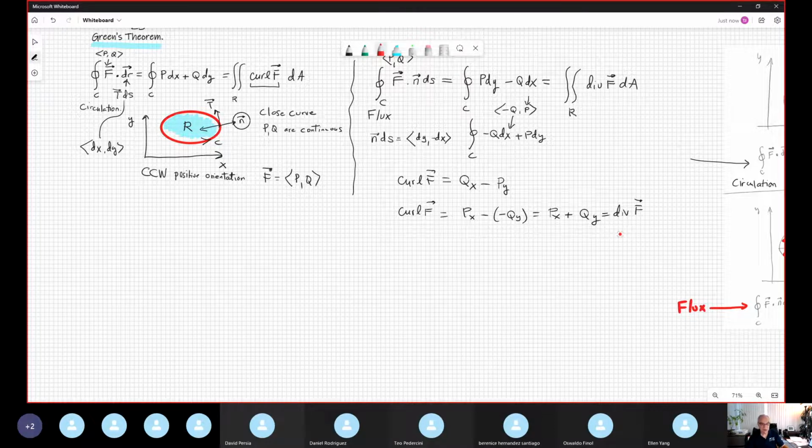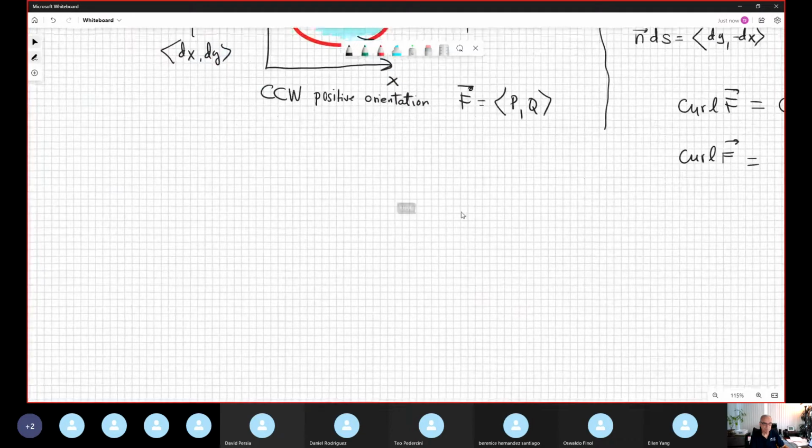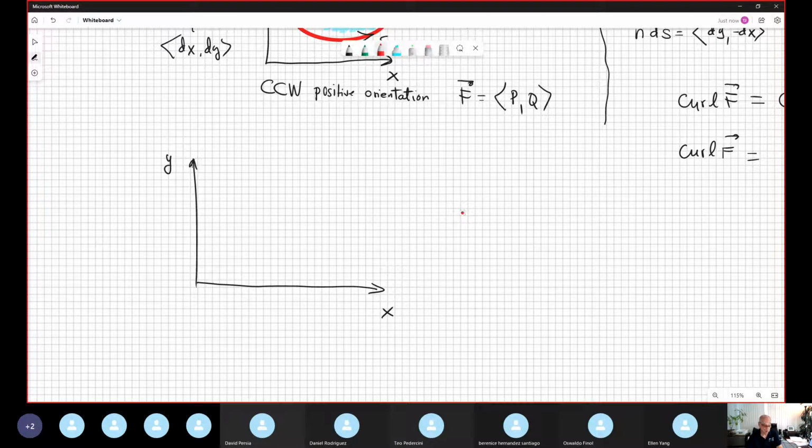Suppose an example like that. Suppose one example, in which, this is two-dimensional, guys, we have a curve that is formed by different segments like that.